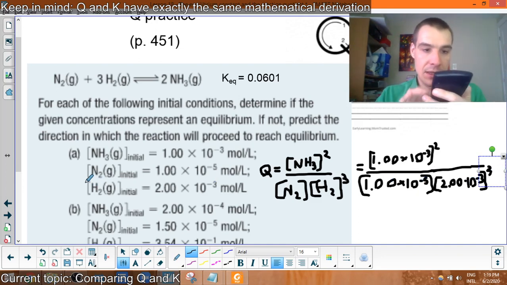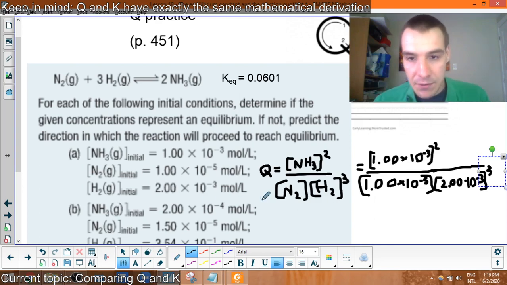1 times 10 to the negative 3 squared divided by, open a bracket because I want to divide by both of them underneath, 1 times 10 to the negative 5 times 2 times 10 to the negative 2 times 10 to the negative 3 cubed.